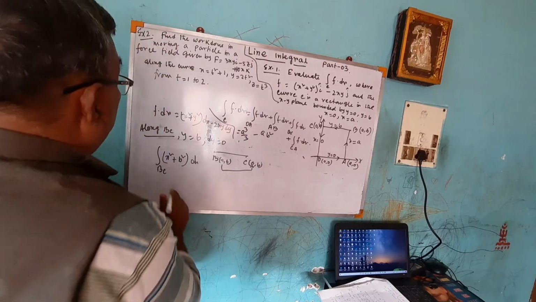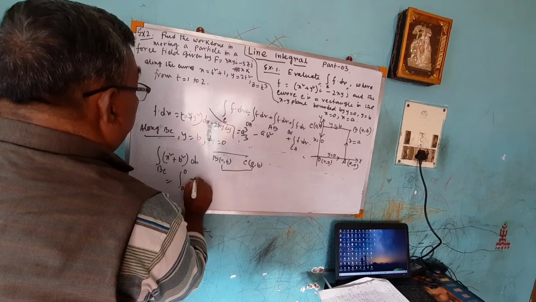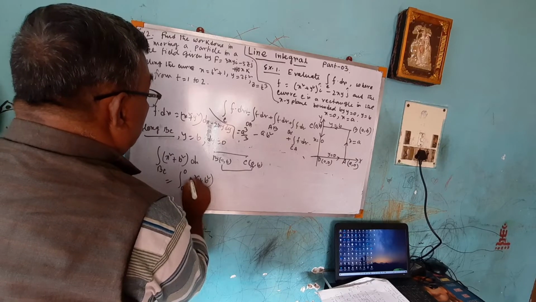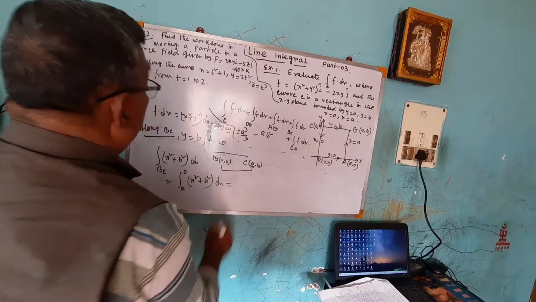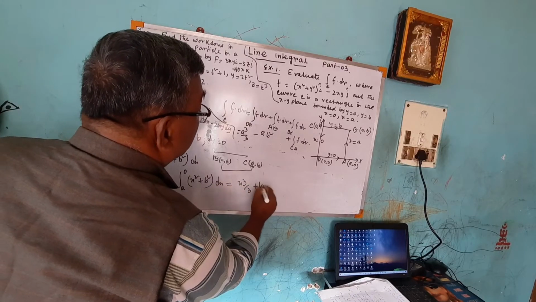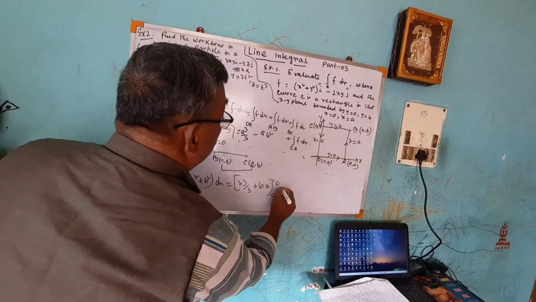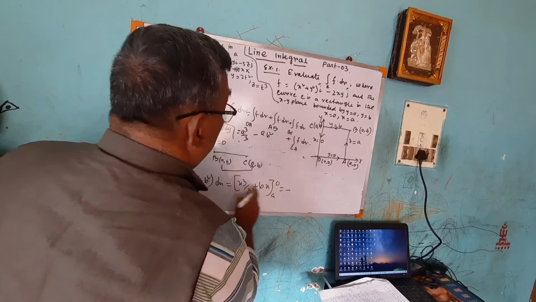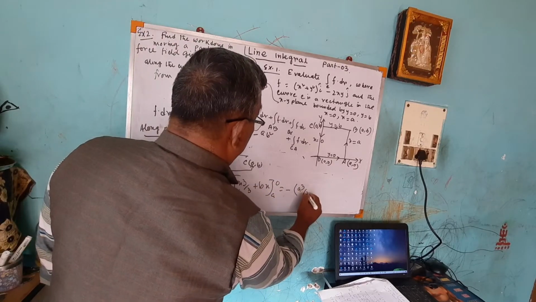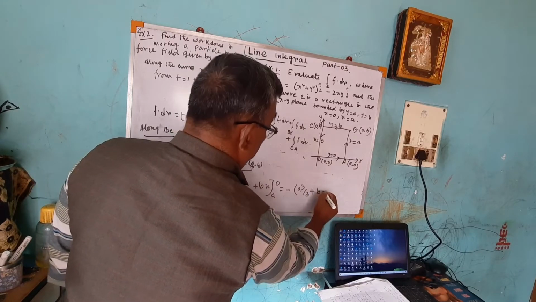How to find a to 0? That is integration from a to 0 of x square plus b square into dx, that is equal to x cube by 3 plus bx, then a to 0, that is minus, upper limit is 0, lower limit if we put, then a cube by 3 plus ab.